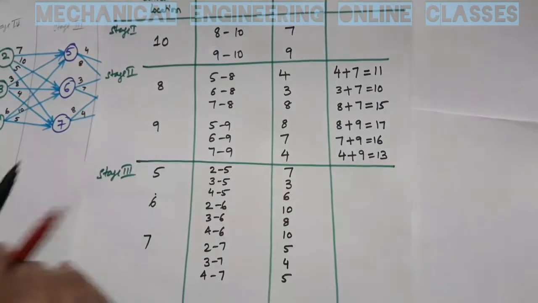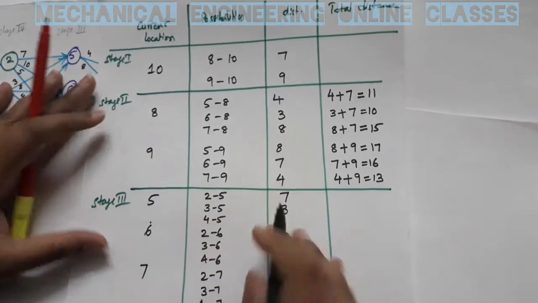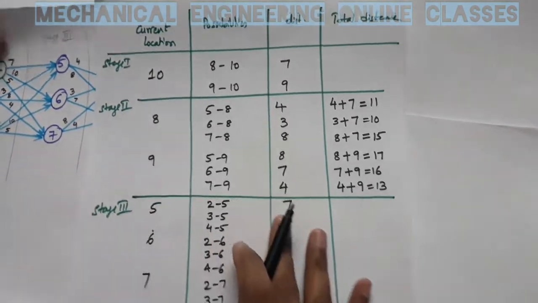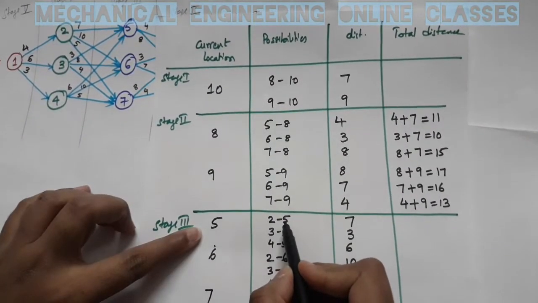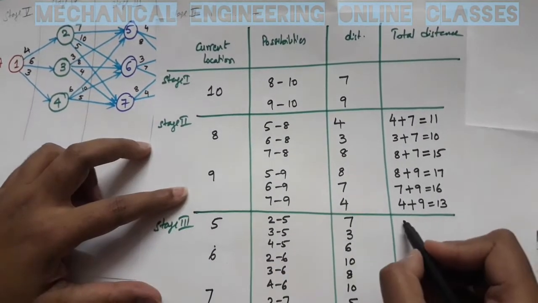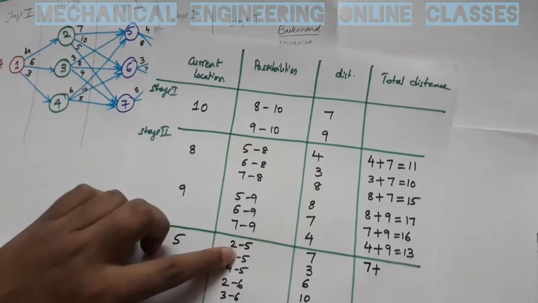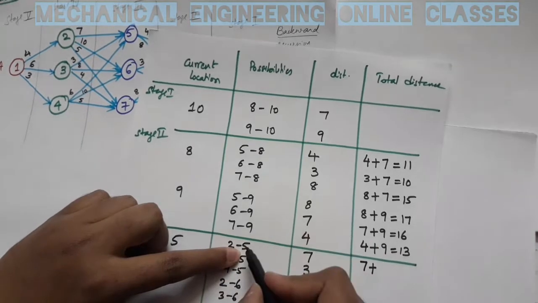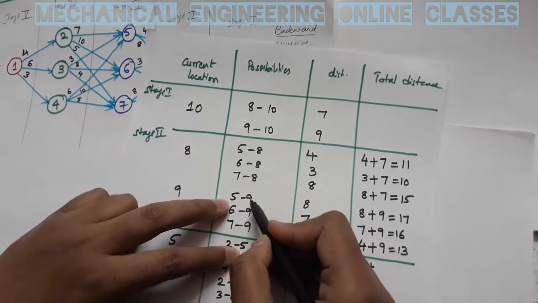So the total distances must now be calculated. Now we are at 2. So from 5, this 2 to 5 distance is 7 plus. What is the minimum route from 5? From 5 we can go to 8, or from 5 we can go to 9.